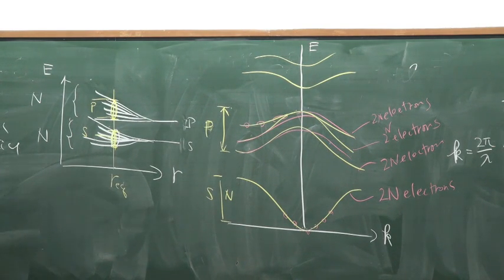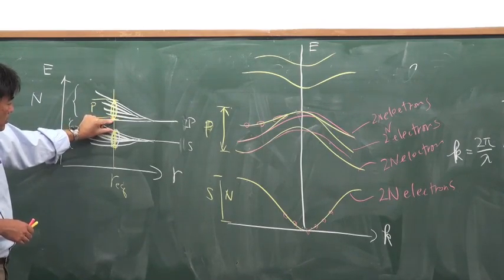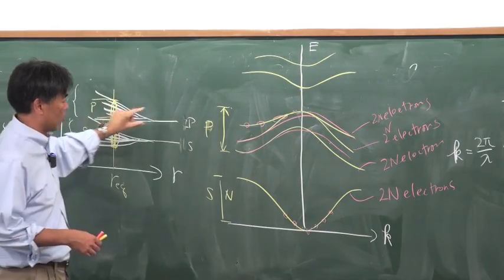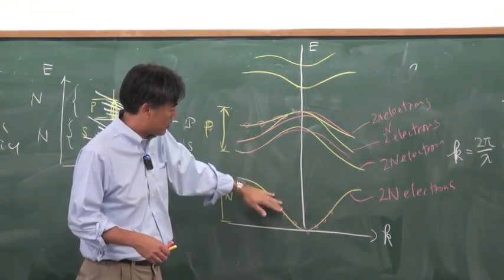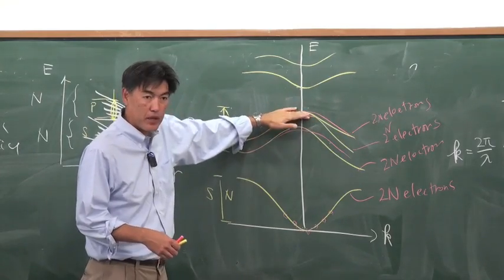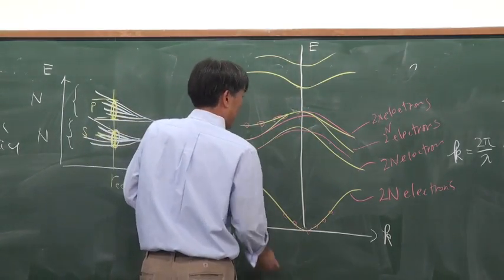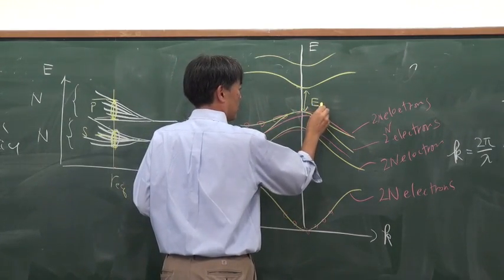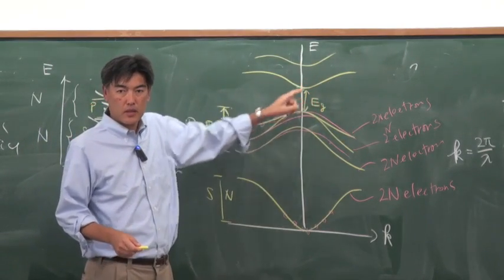And as you know, this empty space in energy is called the band gap. So we have all these bands completely filled up to here. And then there's actually an energy gap here, and there are no electrons in such a band.